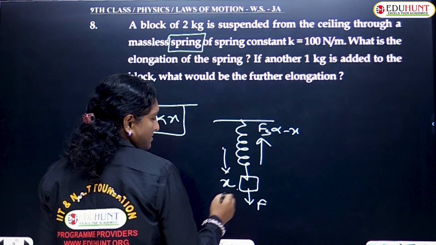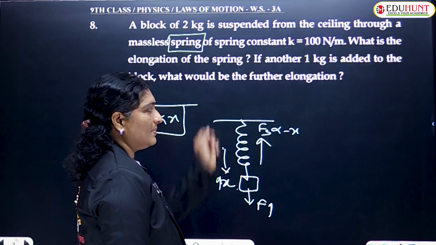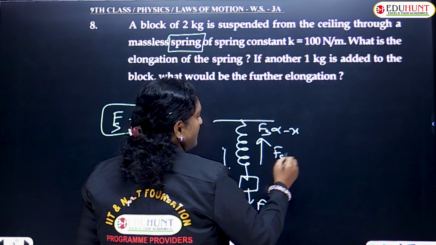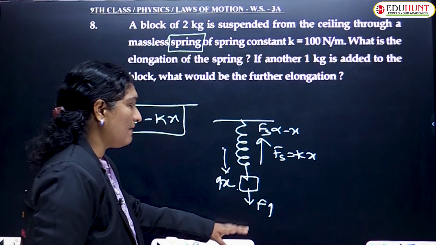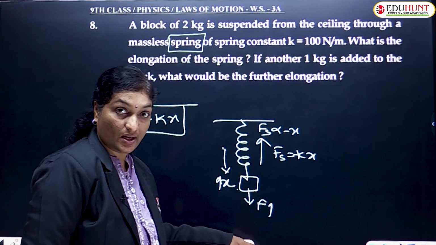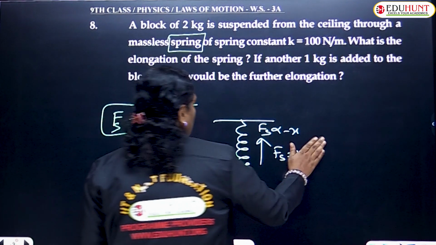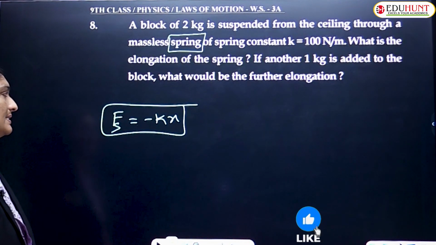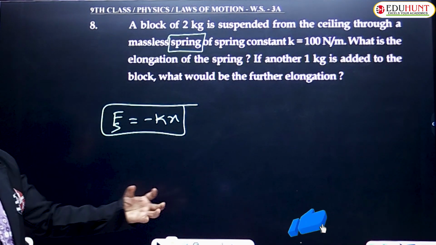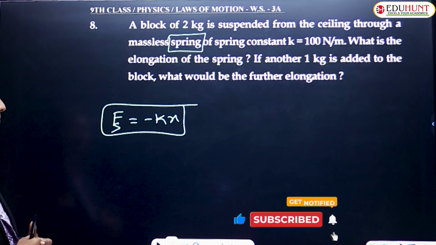The larger the force, the larger the elongation, so the larger the spring force, or Fs can be written as some constant into x, minus kx. If the applied force F equals kx, the spring force will be minus kx. That is what you need to understand. So we know the formula: the spring force is given by minus kx. The larger the elongation, the larger the restoring force, proportional to that in the opposite direction.